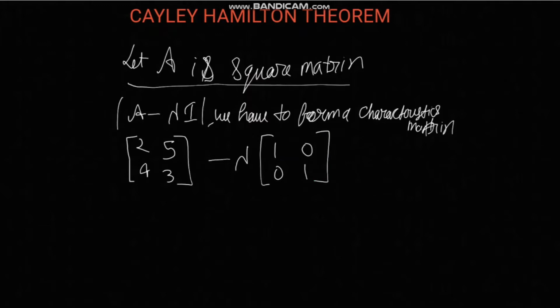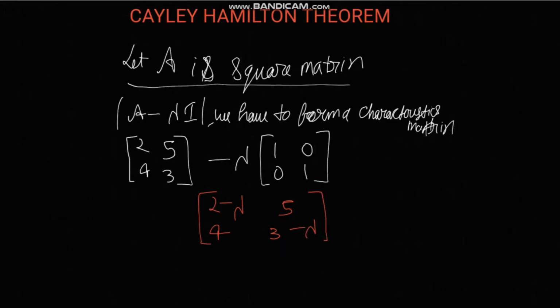Take the matrix 2 5 4 3 minus lambda into 1 0 0 1. This is a 2 cross 2 matrix. Then only can we subtract, and this forms 2 minus lambda, and the other entry is 5, and 4, and 3 minus lambda.